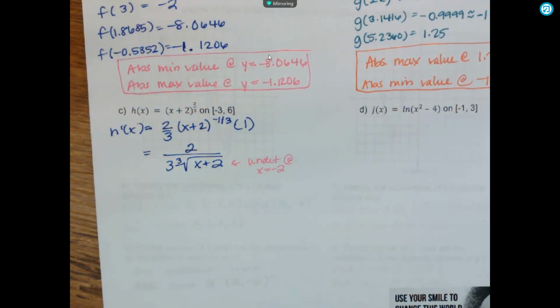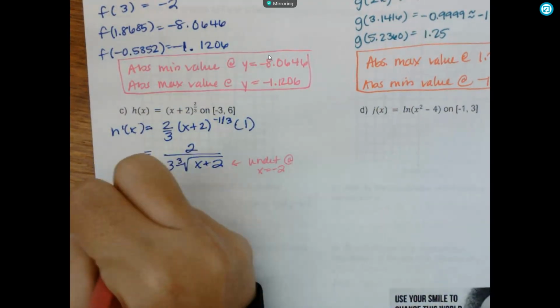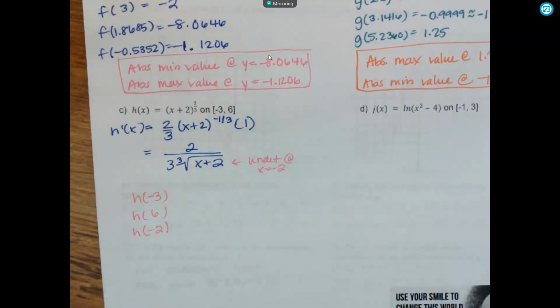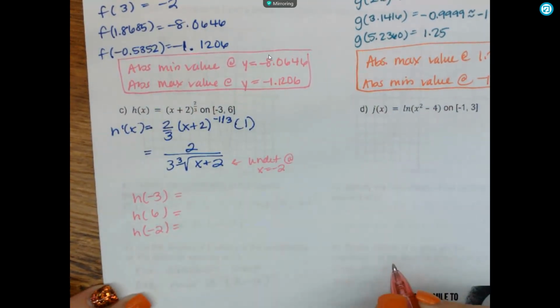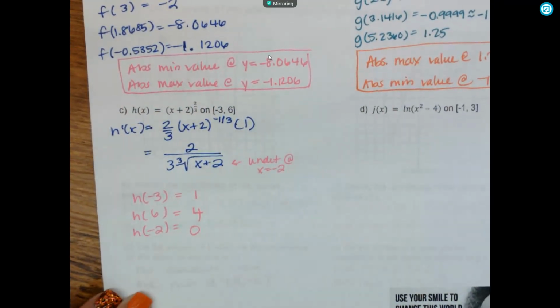All right, so what are our 3 numbers that we're plugging in here? -3, 6, and -2. We good if I give you the values? You sure? Y'all want to calculate them yourselves? We'll calculate them ourselves. 1, 4, and 0.